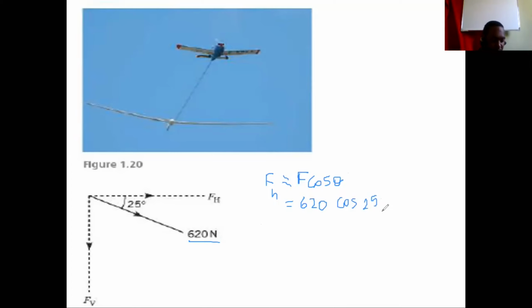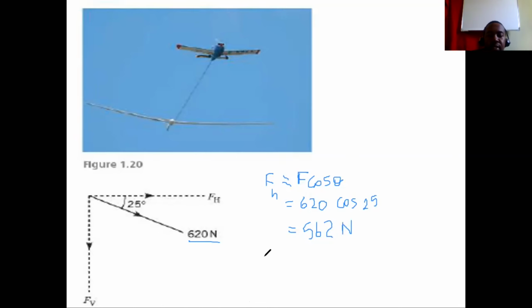When you put that in your calculator, you should get 561.72. So if you round it off, you get 562 newtons.